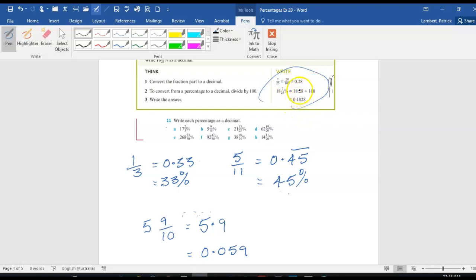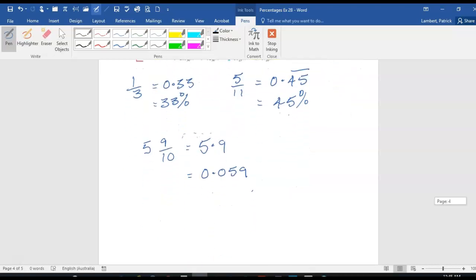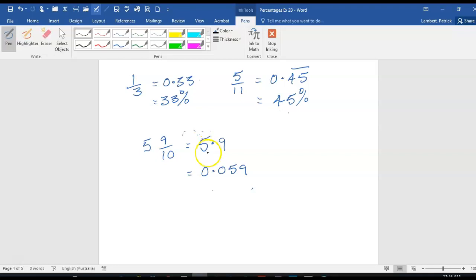Of course, you're moving the decimal point across 2 places when you're dividing by 100, from here to here. So that becomes 0.182. So if we have a look at 5 and 9/10, it becomes, when you divide it, 5.9. And we shift the decimal point 2 places, and that becomes 0.059.